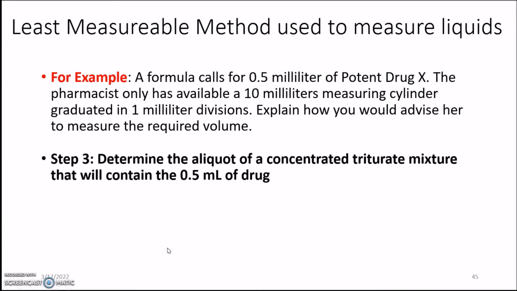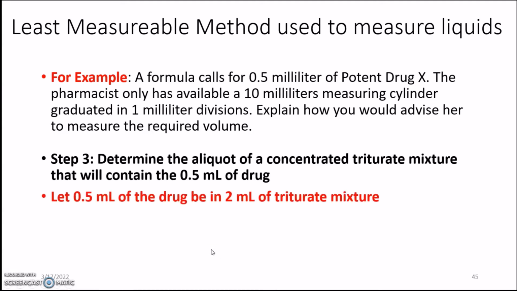Step 3 is to determine the aliquot of a concentrated triturate mixture that will contain 0.5 mils of the drug. This is where we are going to make a statement. We are going to determine what volume of the mixture will contain the 0.5 mils of the potent drug. So we're going to say let 0.5 mils of the drug be contained in 2 mils of the triturate.